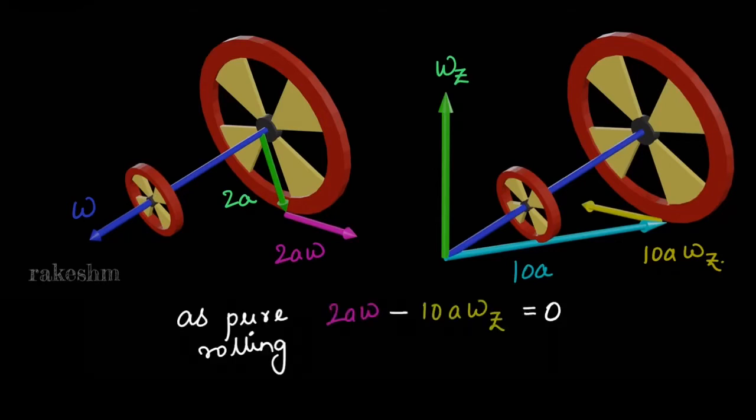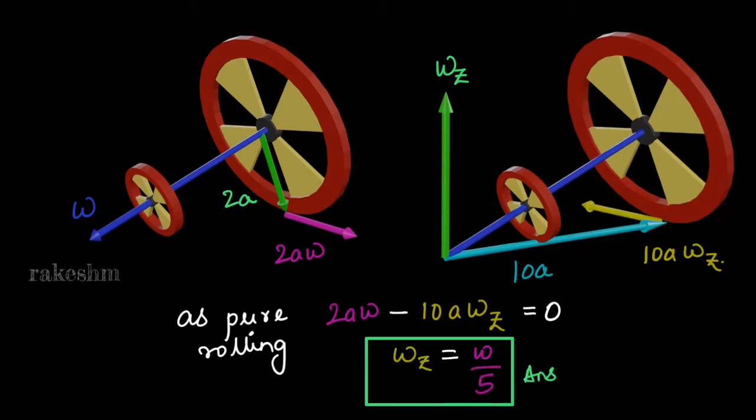As the body is in pure rolling, the net velocity of this point must be 0. So we can write 2a omega minus 10a omega z equals 0. So the angular velocity of this body about the z axis is omega by 5. So this was the first question, and the first option which he has given is a correct option.